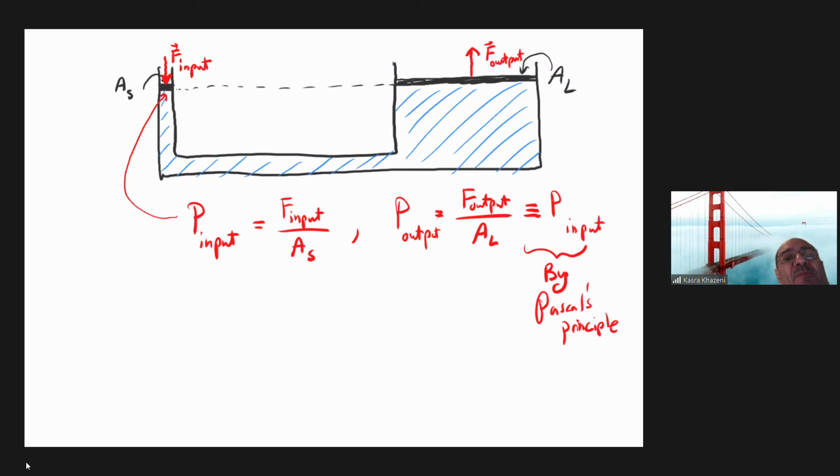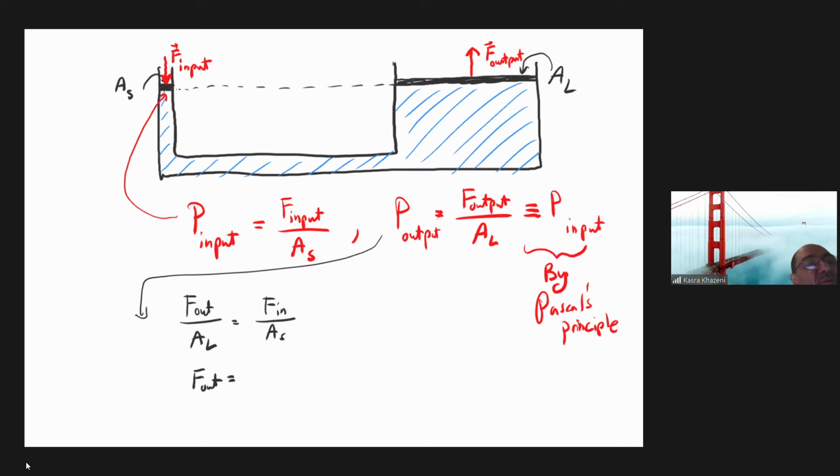The pressures have to be equal because the pressure shows up everywhere in the liquid, and as long as they're at the same height, it's exactly the same pressure. So now I can rewrite this equation as F out over A sub L is equal to F in over A sub S. Then F out is equal to F in times A of the large over A of the small.